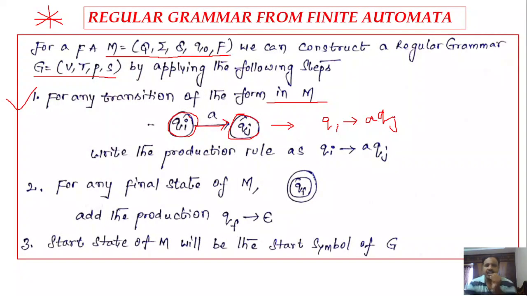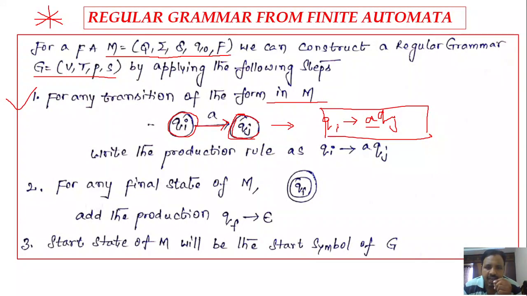Suppose you have a state transition in a finite automata from state qi on a going to the state qj, then you have to write the production rule as qi denotes the terminal symbol, that means the symbol on which we are specifying the transition in the finite automata, a.